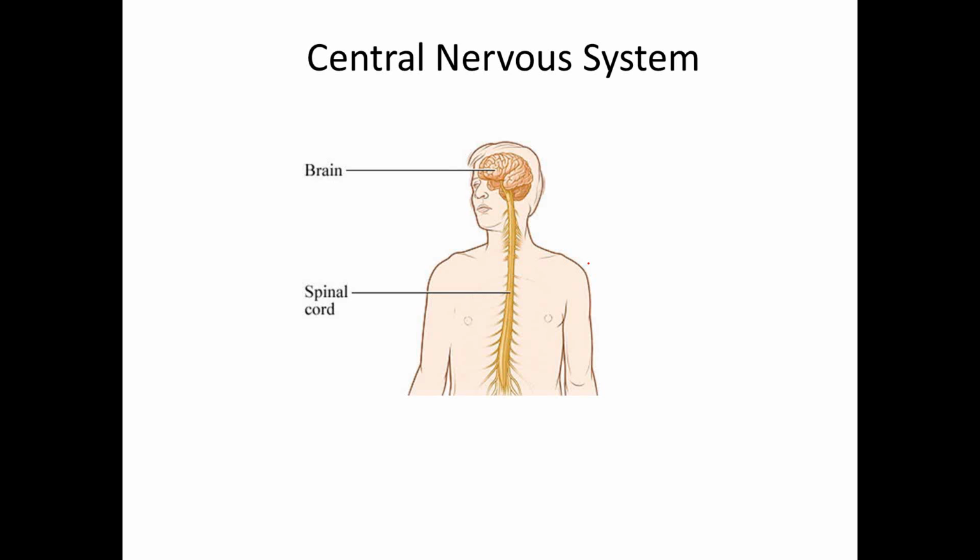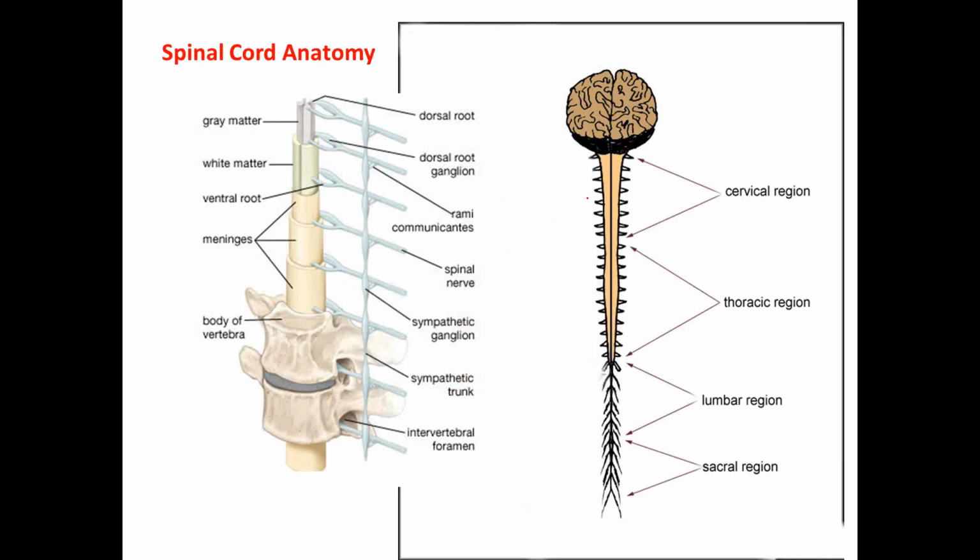Okay, so as we've mentioned a number of times before, the central nervous system is composed of the brain and spinal cord. So before we get to the more complicated structures in the brain and what they do, let's have a look at that spinal cord again.